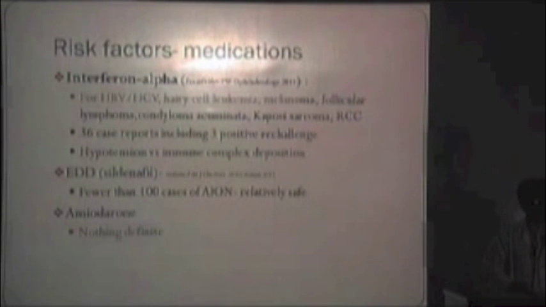Now, I scoured the literature for interferon beta and could not find anything other than a couple of cases of retinopathy. Nobody knows why this happens, but it's believed to be either hypotension induced by interferon administration or immune complex deposition related to interferon alpha.